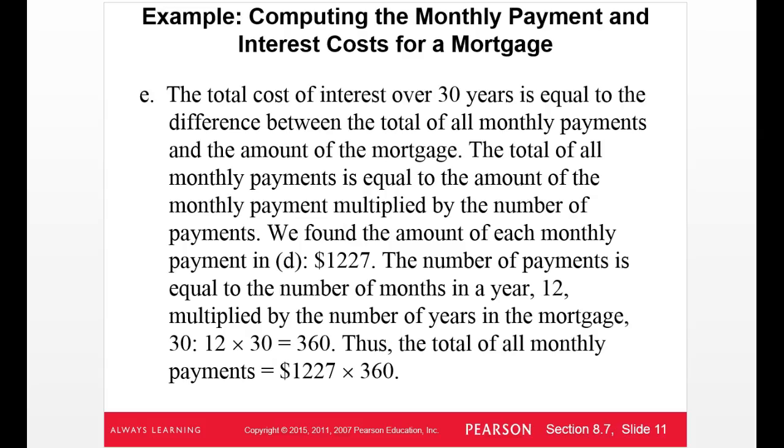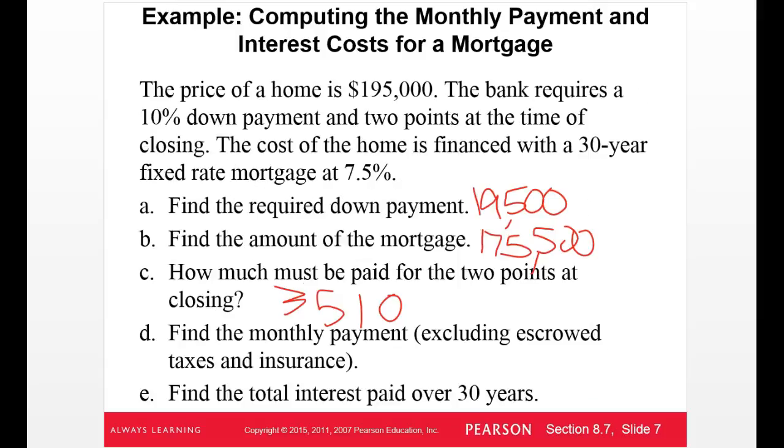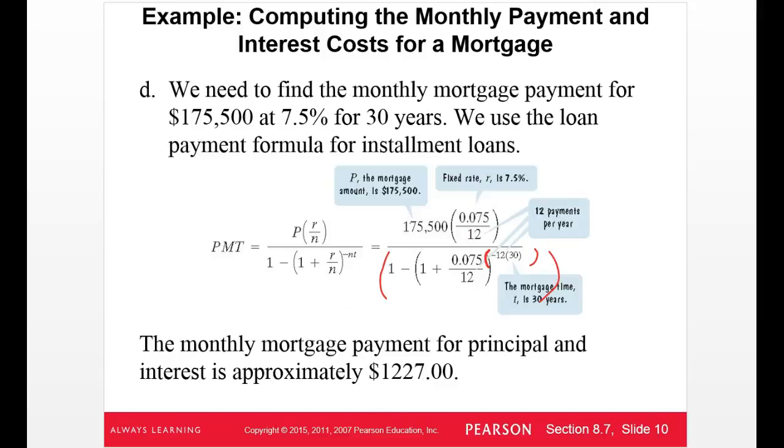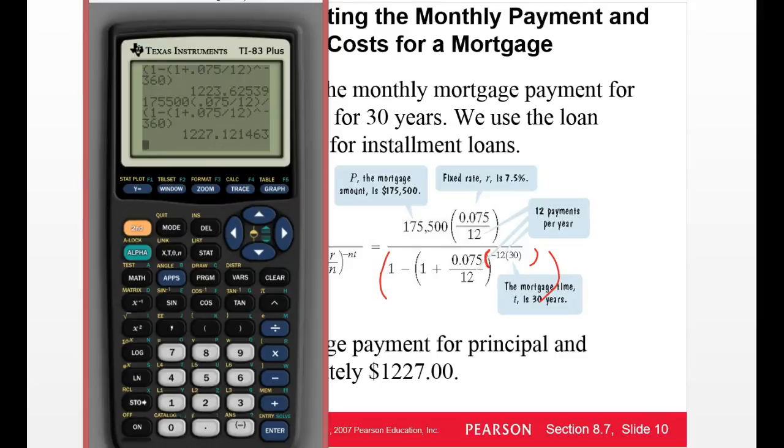The total cost, part E asks, what's the total interest paid over 30 years? To do that, we take our total amount of payments. We're making this $1,227 payment 360 times.